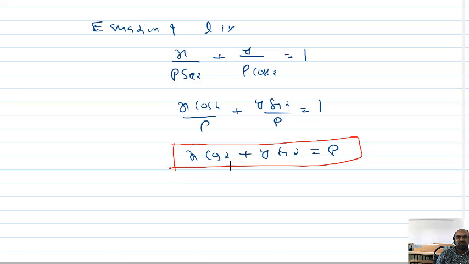Any equation of the form x cos alpha plus y sin alpha equals P is said to be the normal form of a straight line. So for any equation in this form, I can directly say what P stands for: the distance from the origin to this line.